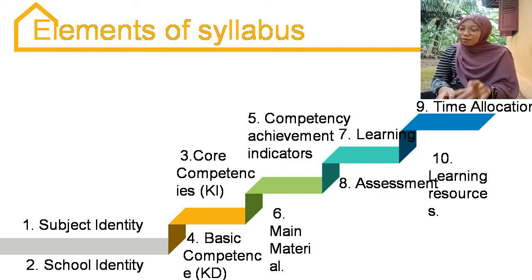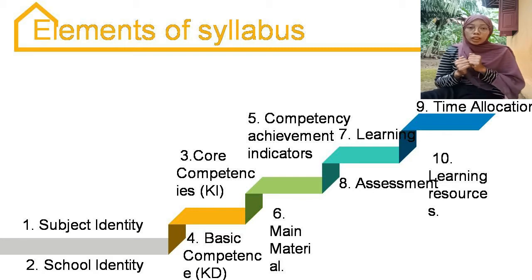Right, I will explain one by one. The first is subject identity. Subject identity contains the name of the subject unit that is to be taught to students. And then second, school identity. School identity contains the name of the education unit and the class.